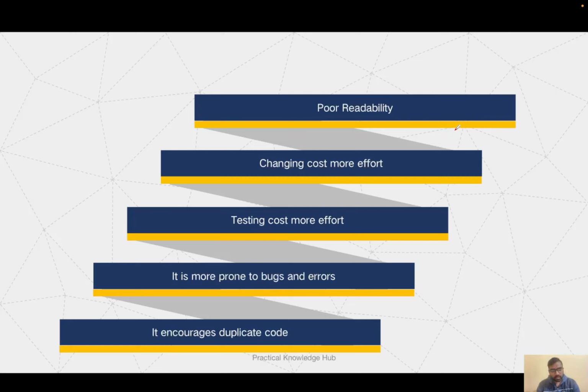Some are beginners, some are pros, and some are experts. And if you see the combined code base, you will find that a few files are very poorly readable, meaning these are very complex functions. And if you need to fix any bug or optimize it, it requires more cost in terms of time and effort.